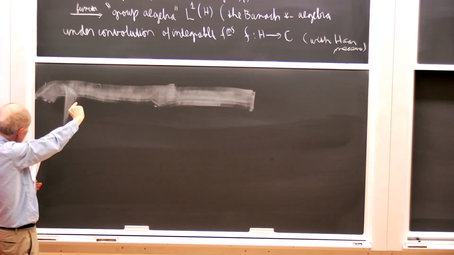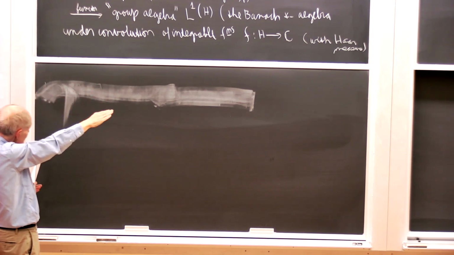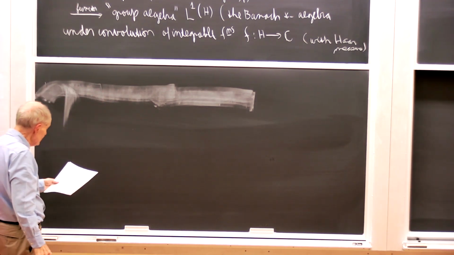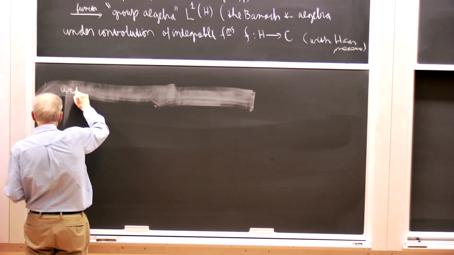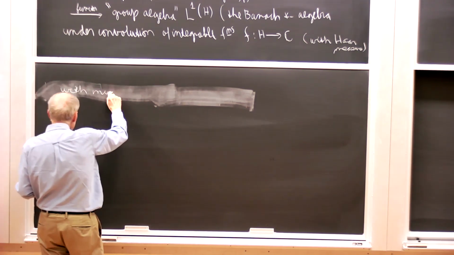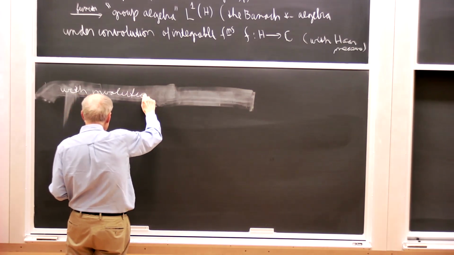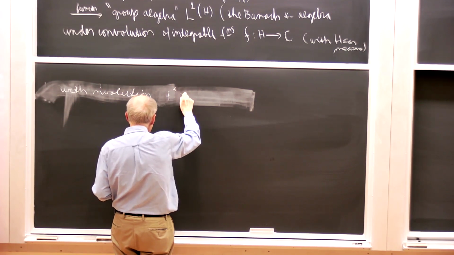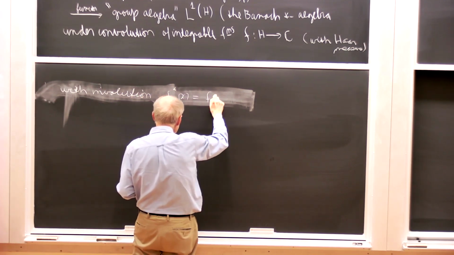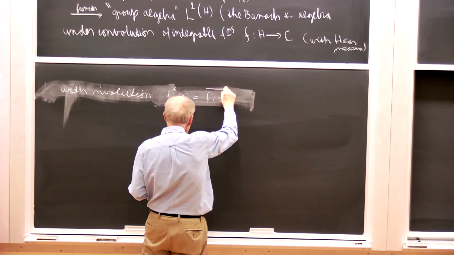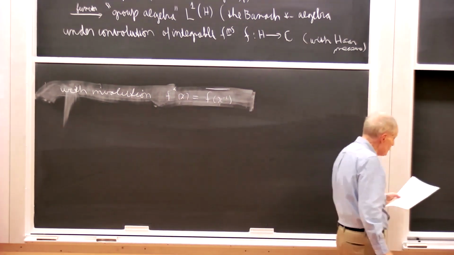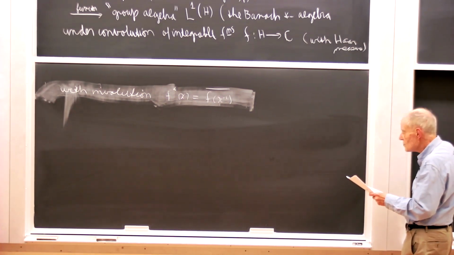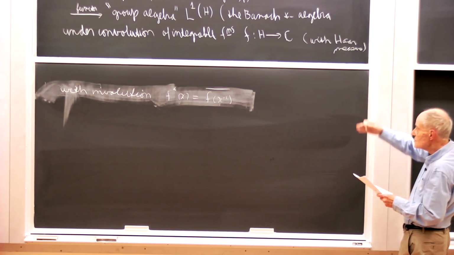It's an algebra under convolution with respect to the Haar measure of integrable functions, but star means an involution: f star of x is equal to f of x to the minus 1, bar. So that was, we saw that with rho up there, or something very close to that. But this is where it comes from.